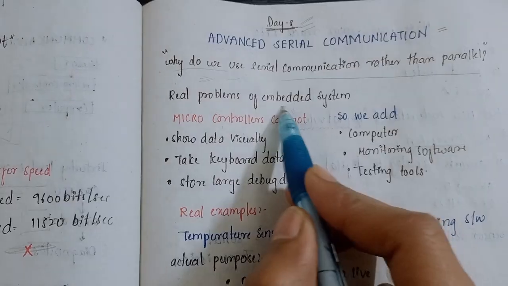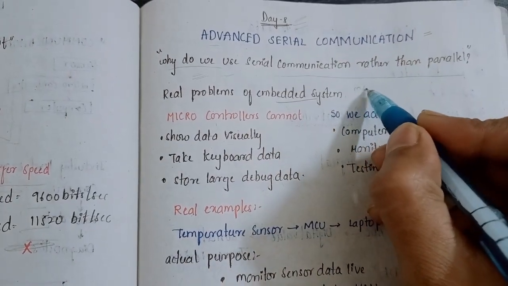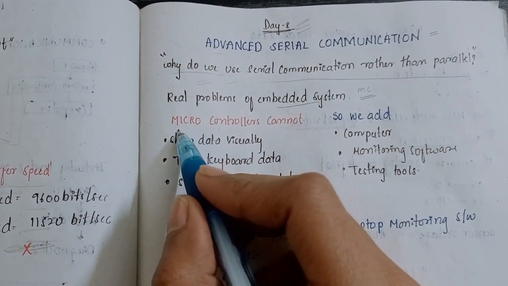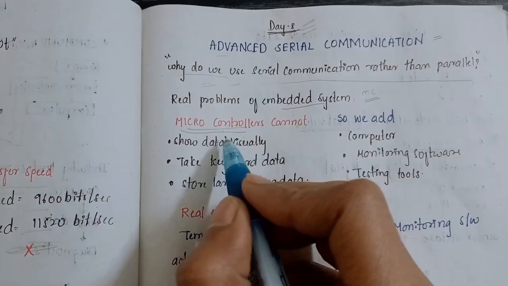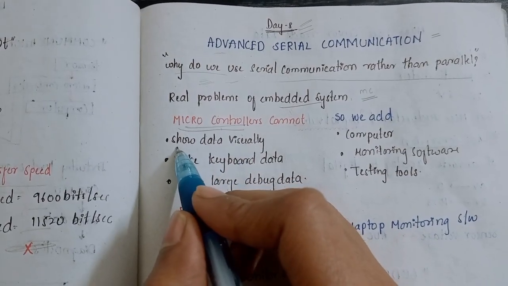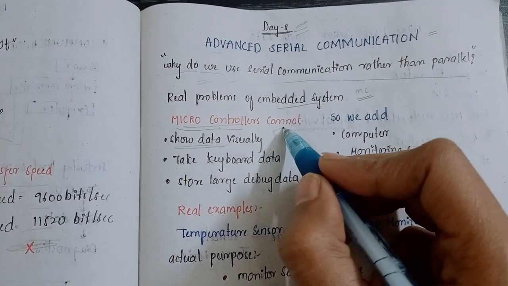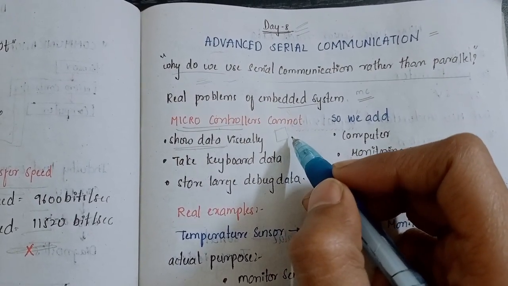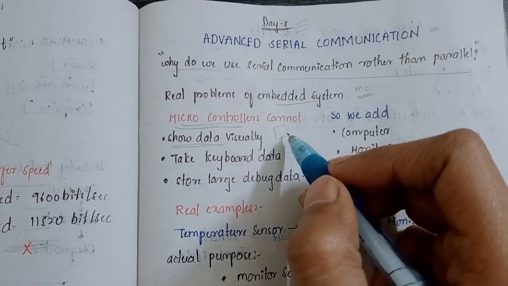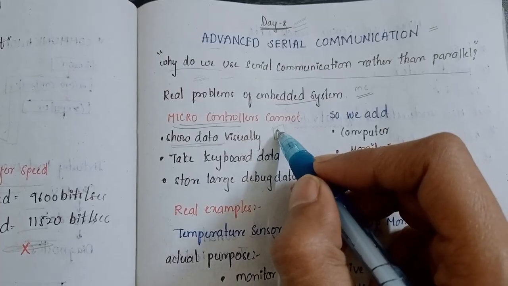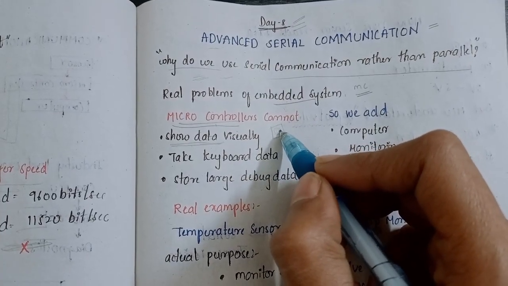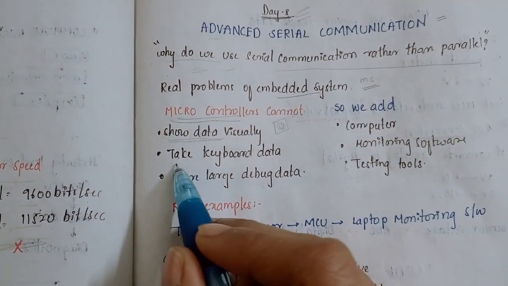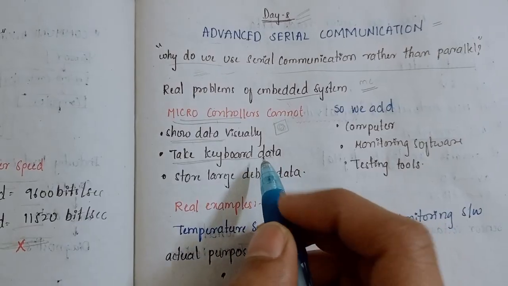Every embedded system uses microcontrollers, so it faces some problems. What are the problems faced by using microcontrollers? It cannot show data visually. Generally, a microcontroller is a chip which does not have any display or any output shown, and it cannot take keyboard data as input.